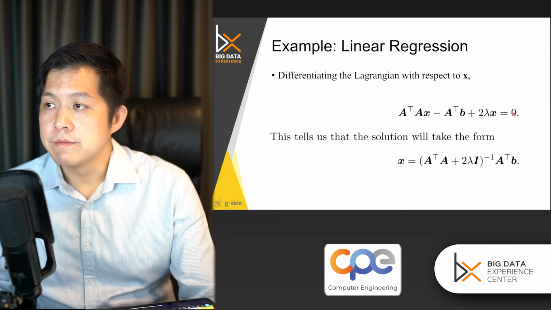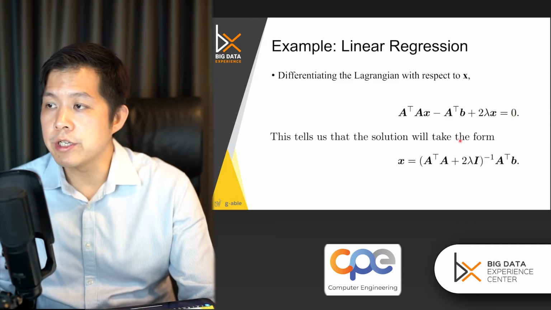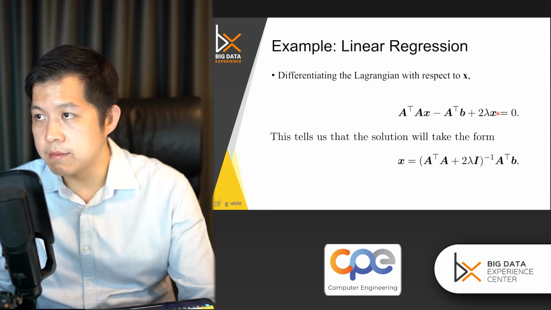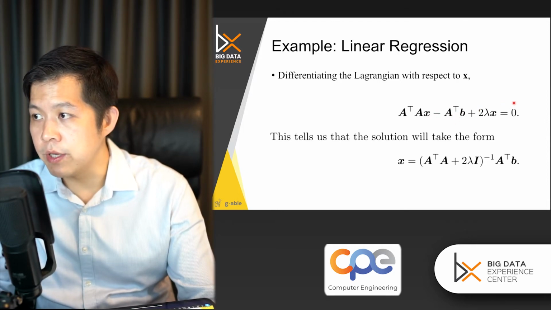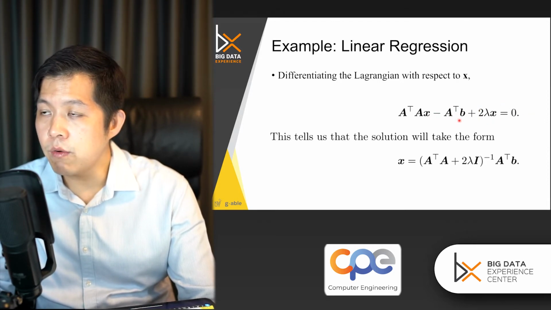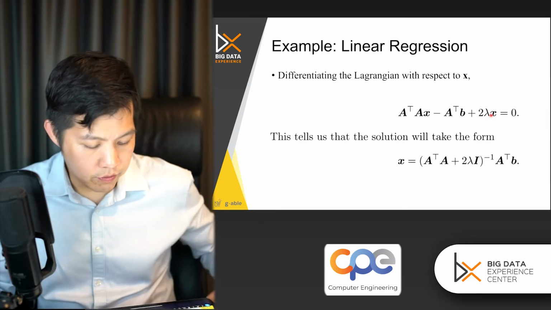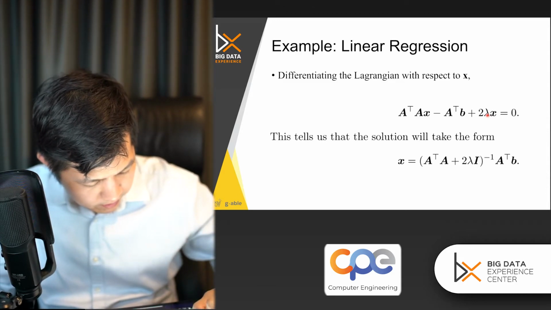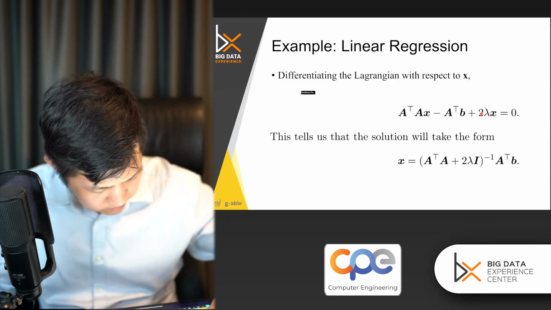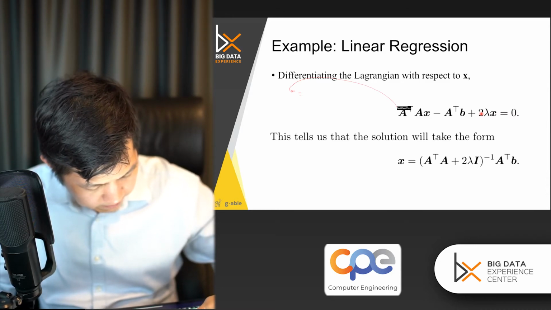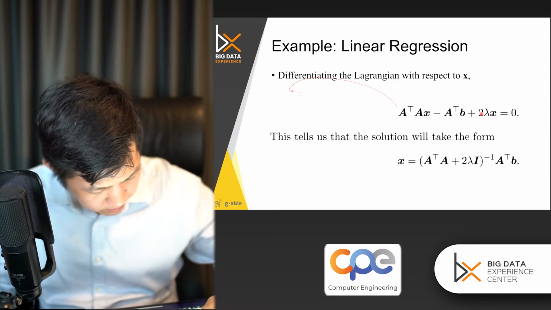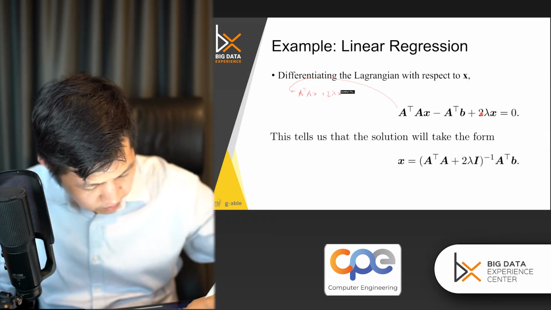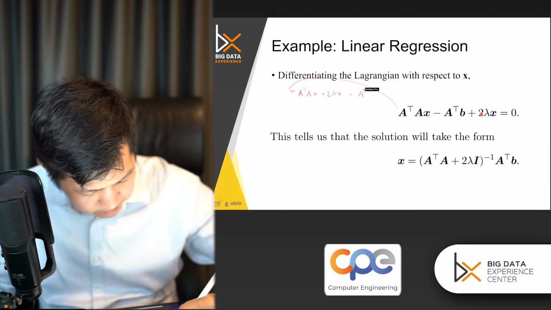This equals 0. Rearranging this equation, you just put x on the same side, move A transpose b to the other side, and then calculate the inverse, because we can just pull x together. If I were to write it, it would be A transpose A x plus 2 lambda x equals A transpose b.